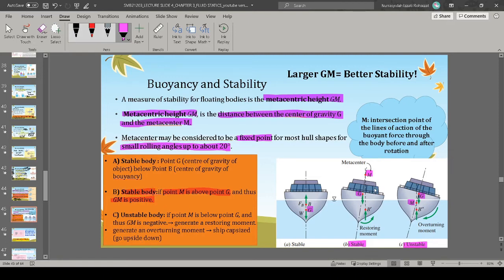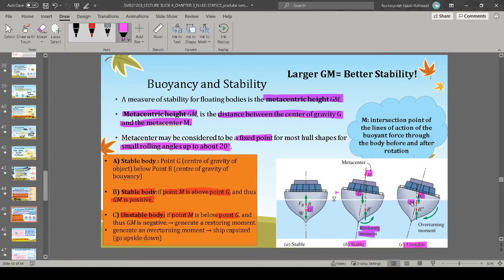Any disturbance made to the ship, it will have a restoring moment to bring back the ship to its original position. However, for unstable body, our point M is below point G, as in this case.